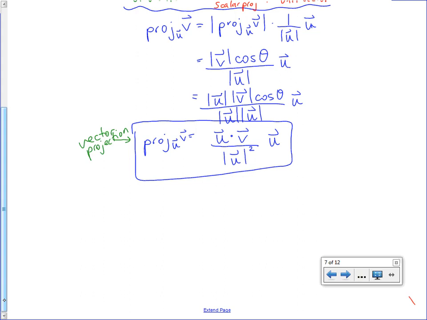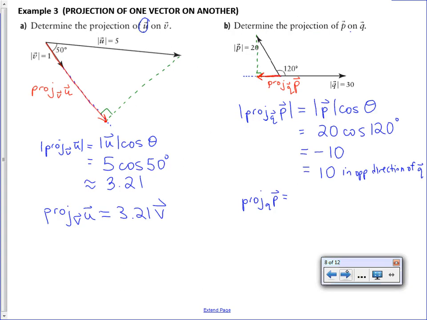The vector you're projecting onto, the U. Okay? So the subscript vector is the vector that needs to show up in your vector projection formula. So in our case over here, what's the small vector? Q. That's the vector that shows up everywhere. So P gets its one little moment in the spotlight in the numerator in the dot product.